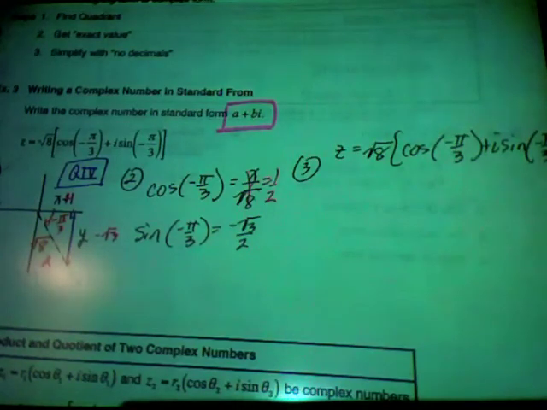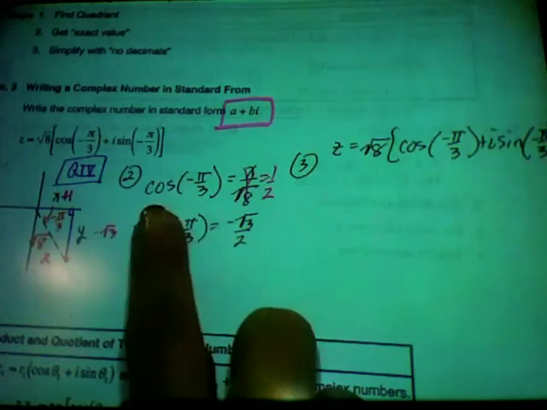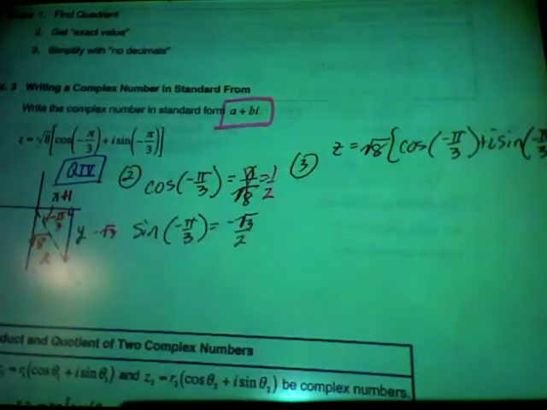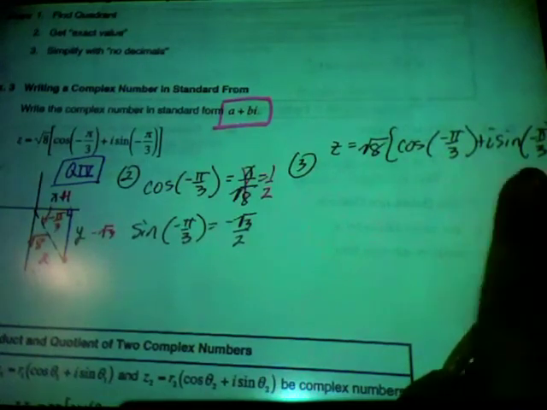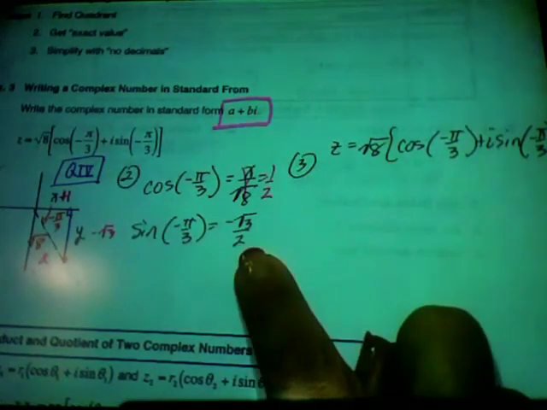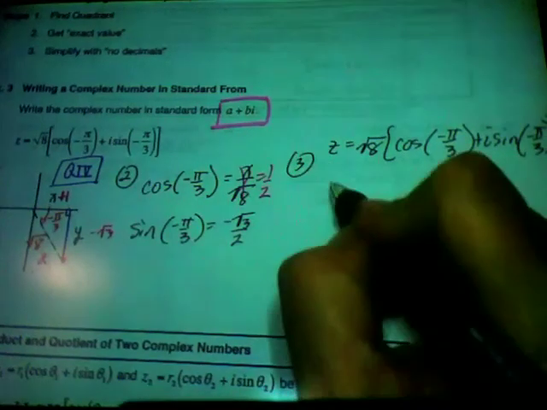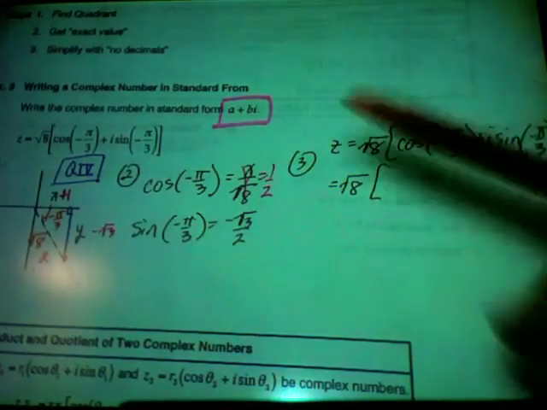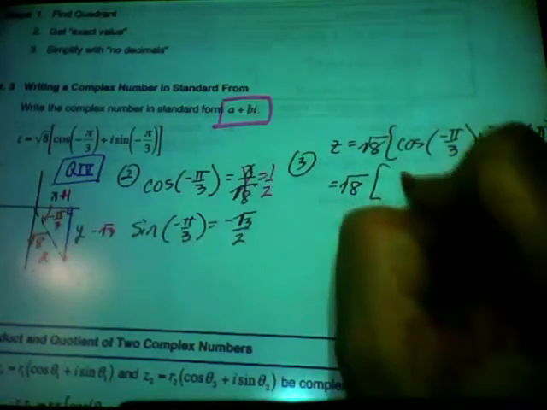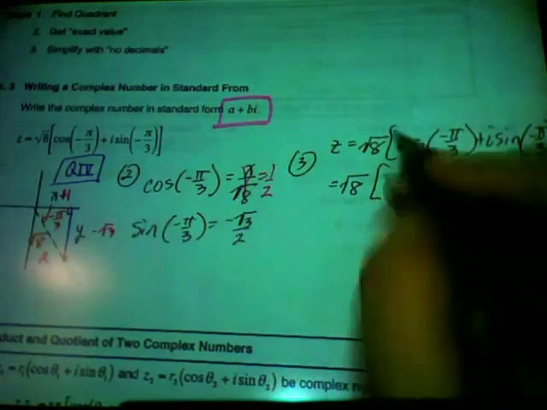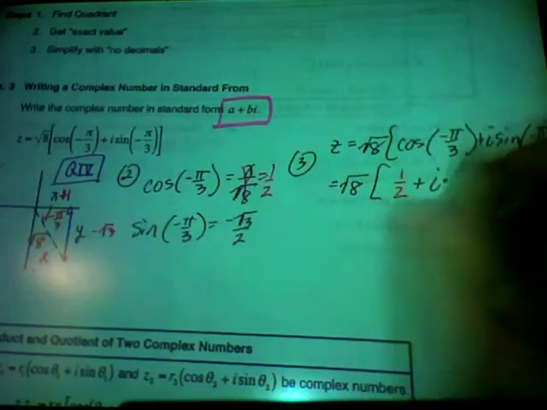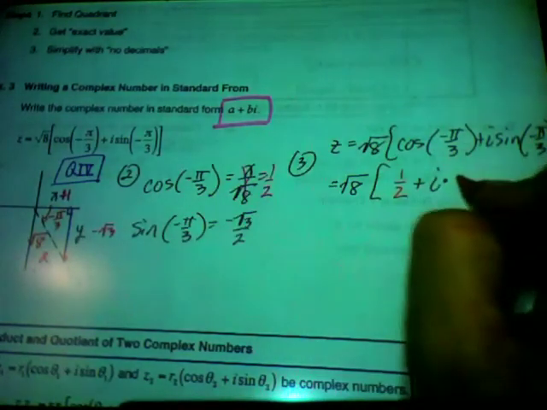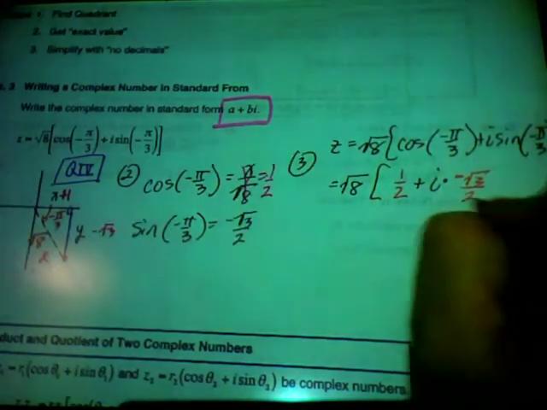And then we are replacing the entire cosine of negative pi over 3 with 1/2. And we were replacing the entire sine of negative pi over 3 with negative radical 3 over 2. So we get equals square root of 8. Instead of the cosine of negative pi over 3, we've got 1/2 plus I times, instead of the sine of negative pi over 3, we've got negative radical 3 over 2.